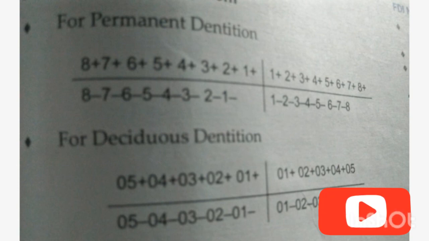If the plus is in front of the 1, then it belongs to the upper right maxillary, and if the minus is in front, then it belongs to the right mandibular. If the plus is behind the 1, then it is for the left maxillary, and if minus is behind 1, then for the left mandibular. Okay, and for the deciduous it is the same.